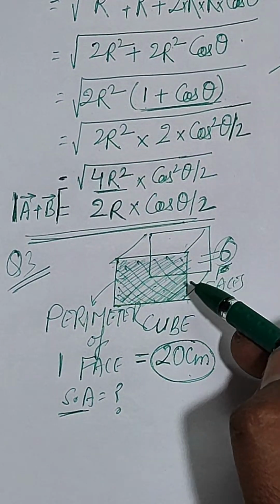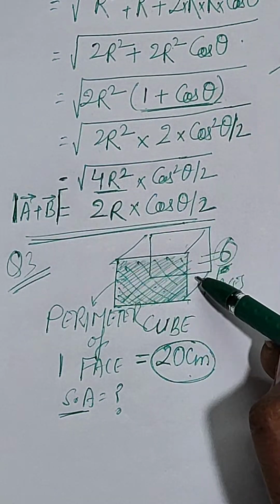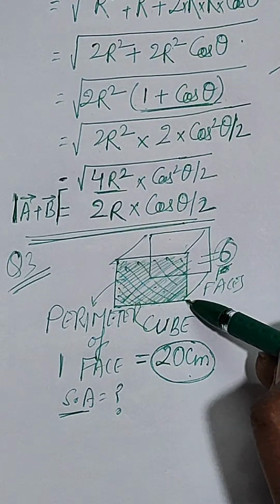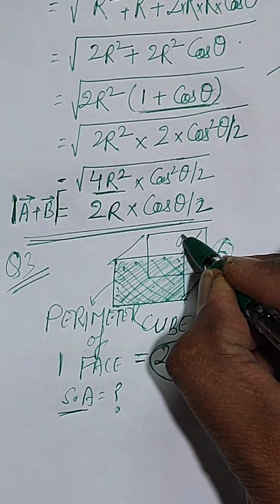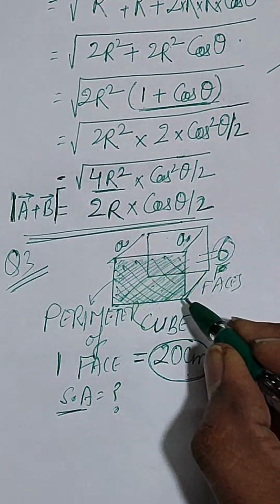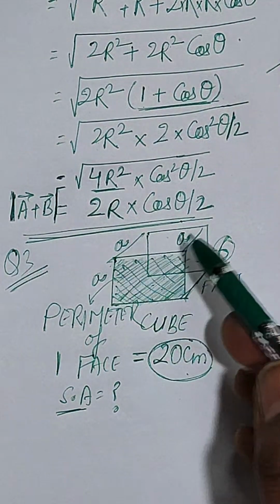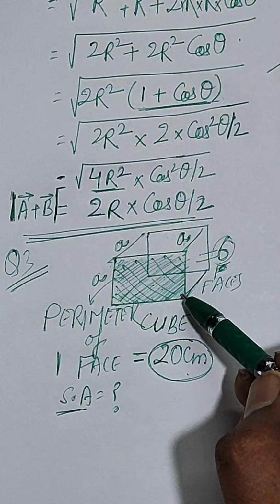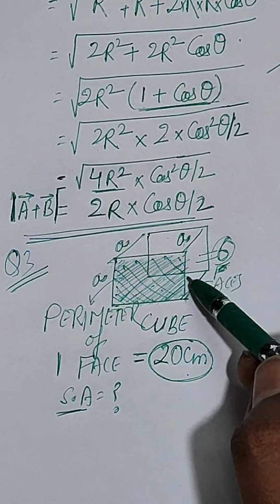But you should know that if this is a cube, all the edges of the cube are always equal. Let us say a. So length will be a, height will be a, breadth will be a, all will be a, right? The edges will be same. So whatever the perimeter of any of the 6 faces, all are equal.